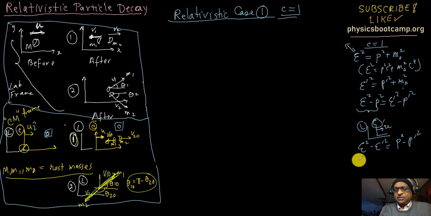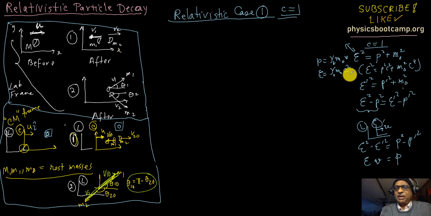Another equation that's necessary for you to remember is E times the speed of the particle is equal to P. How do you see that? You say P equals gamma m0 v, and gamma is the gamma using this speed v. And E is gamma v m0 c square.